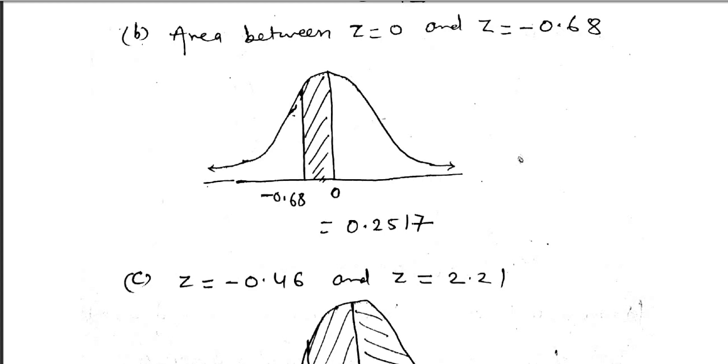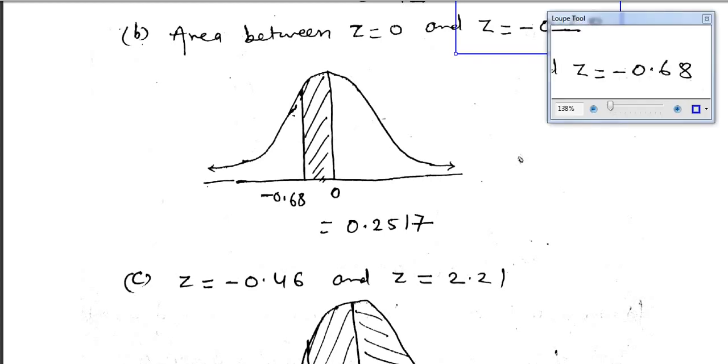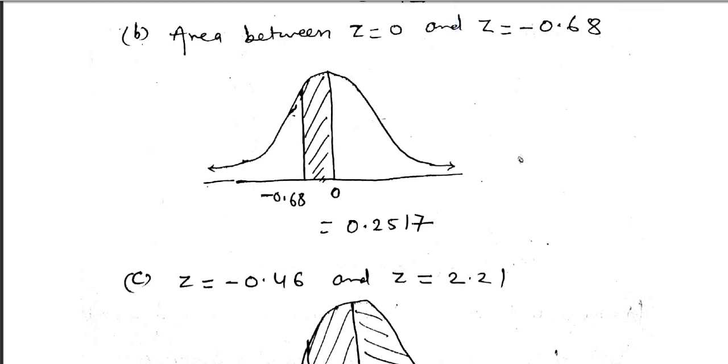It means that in place of minus 0.68, we can calculate the area between z equal to 0 and z equal to plus 0.68. Are you getting my point?